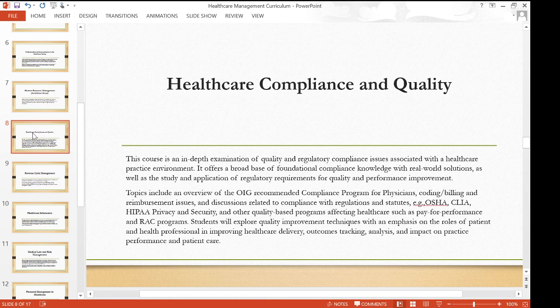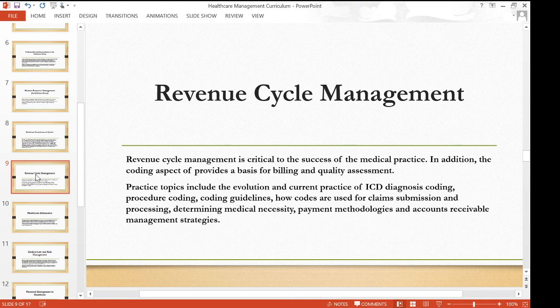Students will explore quality improvement techniques with an emphasis on the roles of patients and health professionals in improving healthcare delivery outcomes, tracking analysis and impact on practice performance and patient care. So that is what the healthcare compliance and quality subject entails. It's going to be very fun.